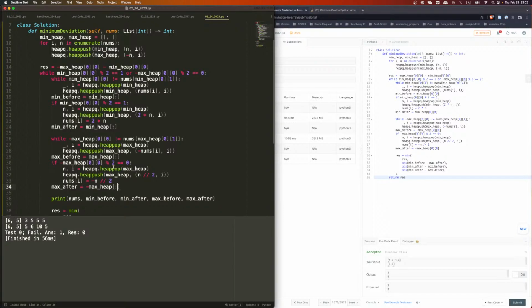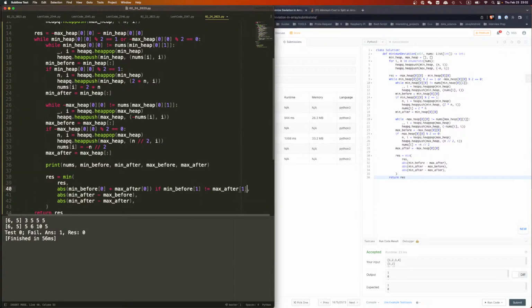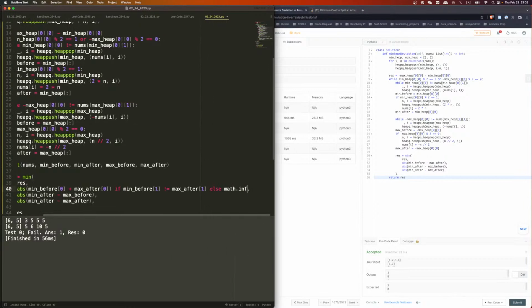Okay. Then min before 0 plus max after 0. If min before 1 is not equal to max after 1, else just don't take this.